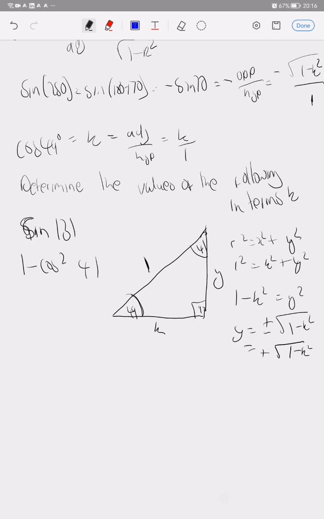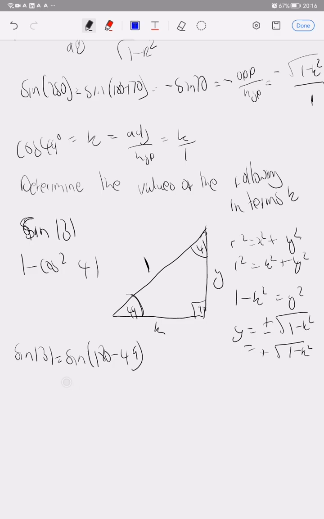All right, so what do we do from here? I've already found my y. So we start with sine of 131. Sine of 131 is the same as sine of 180 minus 49.